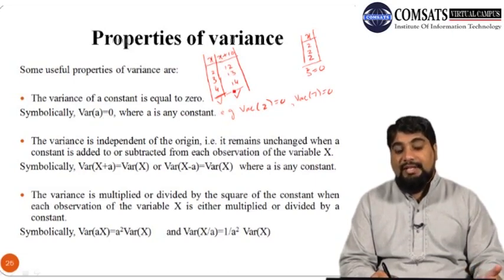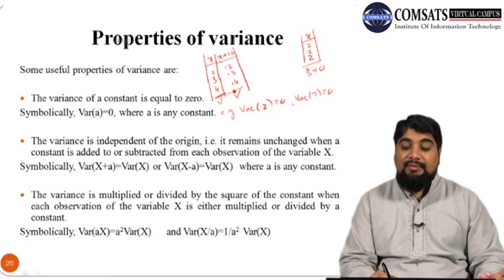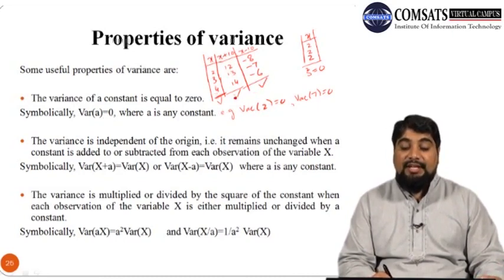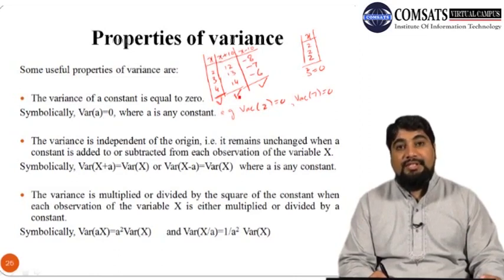Similarly, if we subtract any constant, suppose we subtract 10 from each number, so 2 minus 10 we get minus 8, 3 minus 10 we get minus 7, 4 minus 10 we get minus 6. So the variance of this will be the same as variance of x, which will be the same as variance of x plus 10.